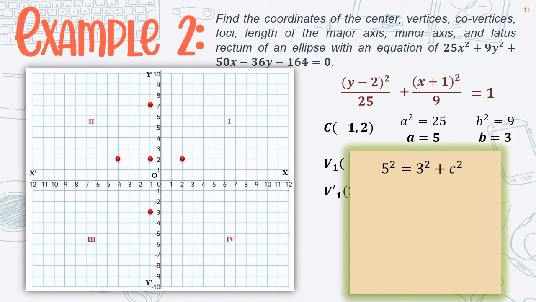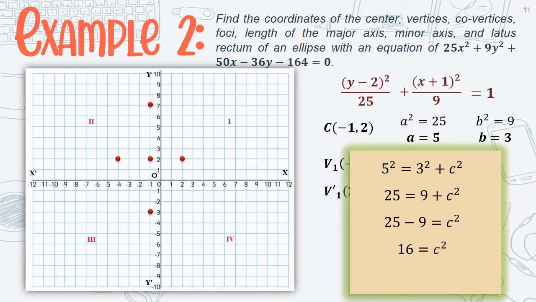For the next one, we have c. Again, we're going to calculate the length of c, or the focal length, by using the Pythagorean theorem. But again, a squared is the largest one. So we have 5 squared is equal to 3 squared plus c squared. So we have 25 is equal to 9 plus c squared. Transpose 9 to the other side of the equation, we will have 25 minus 9 is equal to c squared. 16 is equal to c squared.